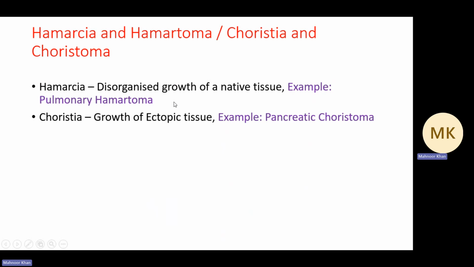The second type is choristoma, which is growth of normal tissue but in an ectopic site. For example, pancreatic choristoma, which means pancreatic tissue grows in either the stomach or liver. That is growth of normal tissue in an ectopic site.